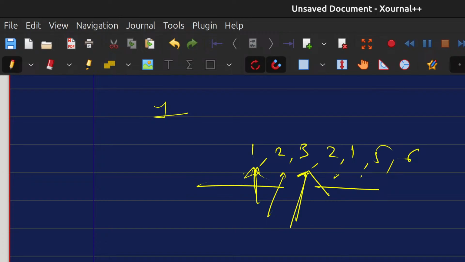Then this is the center, like this. Then we check full here and full here, right? Make this the center.